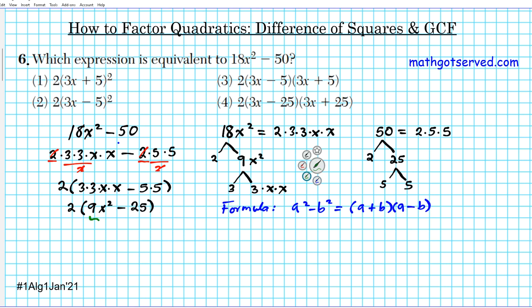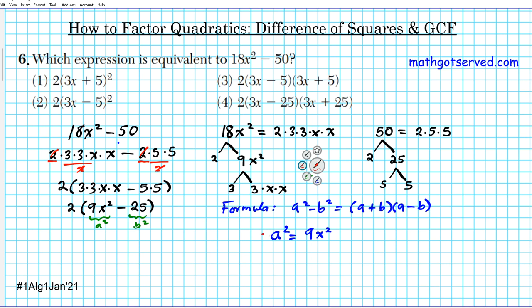So the first term is a squared. Why? Because 9 is a square and x squared is a square. And then 25 is b squared. So based on that, can you tell what a and b are? Let's go ahead and work that out. So if a squared is 9x squared, then to get a by itself, we have to use the inverse of square, right? Which is square root.